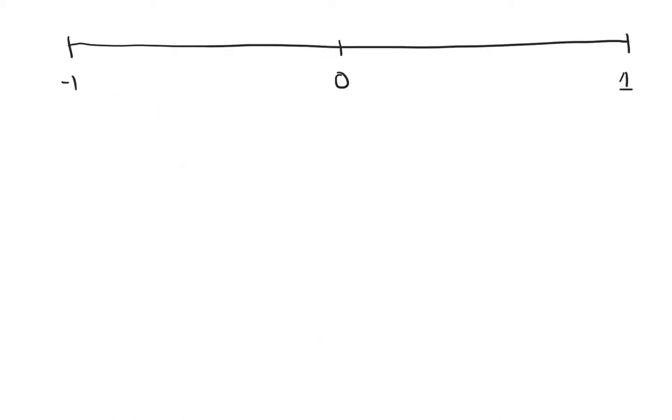Okay, so here's a number line between -1 and 1, and these will be our R values, our correlation coefficient values. And I'll draw a scatter plot for each of these. Let's say that we had an R of exactly -1. That means it's a very strong relationship, but it's also negative. And how strong is it?